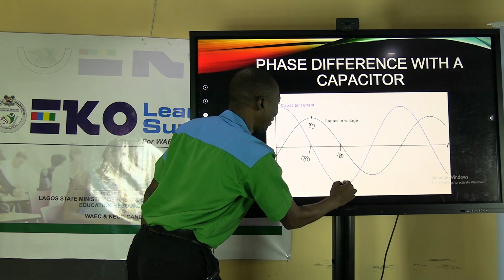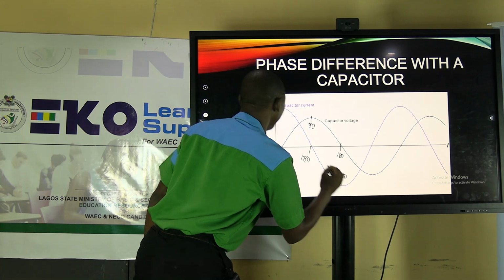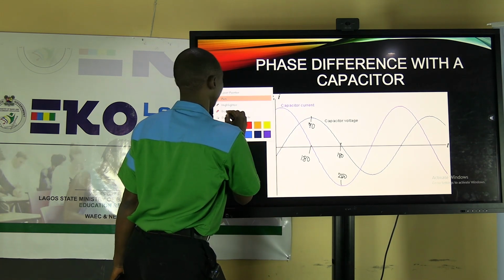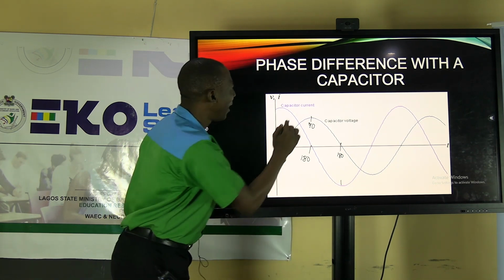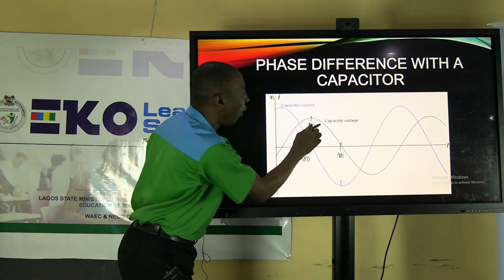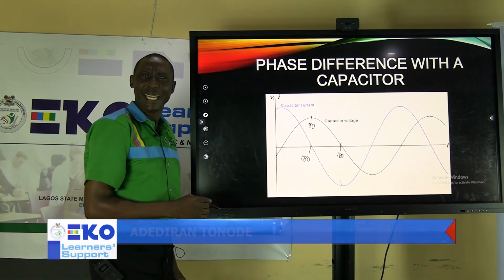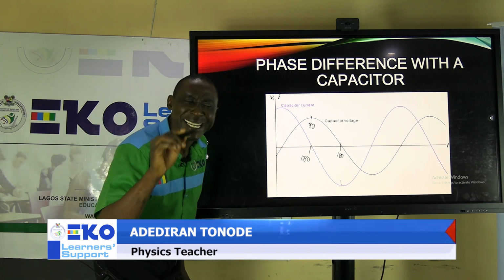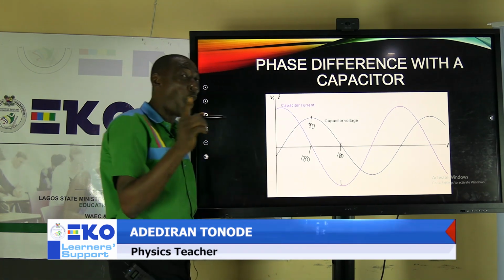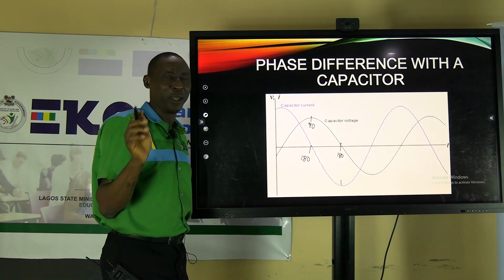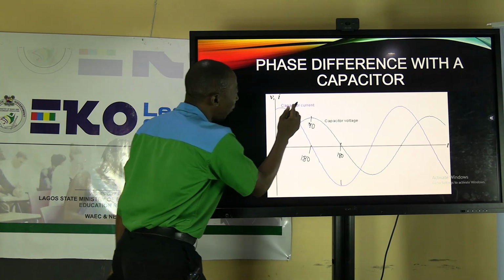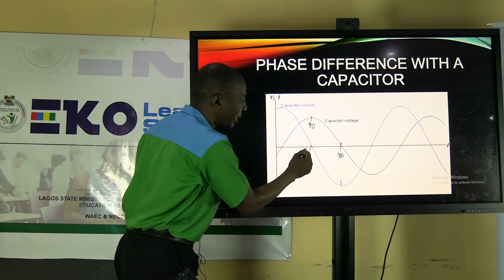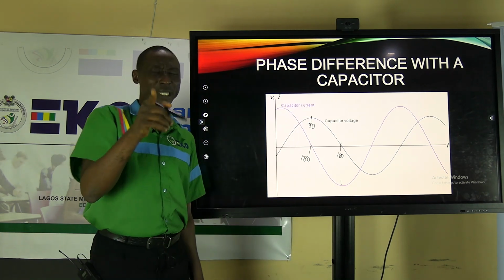At that time, this one is at 270. In other words, I is leading on V by 90 degrees. I leads on V by 90 degrees, or a cycle over 4, because a cycle is made up of 360 degrees. So current leads on voltage by 90 degrees for phase difference with a capacitor.